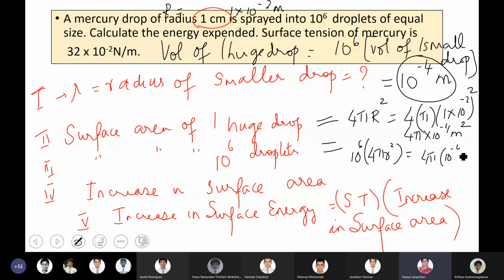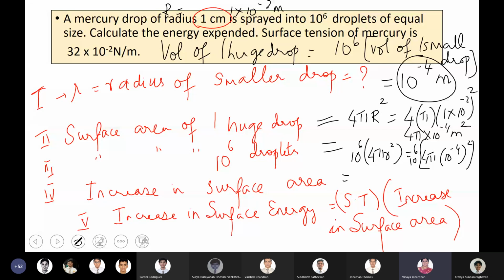So 10 to the power of minus 4 the whole square into 10 to the power of 6. Minus 8 plus 6, which means minus 2. 4 pi 10 to the power of minus 2 meters squared.